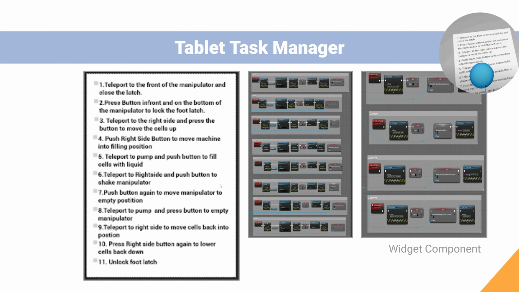Depending on what step they are on, this widget that I built will communicate to the other blueprints what is currently active and what is inactive, so it can create better flow.